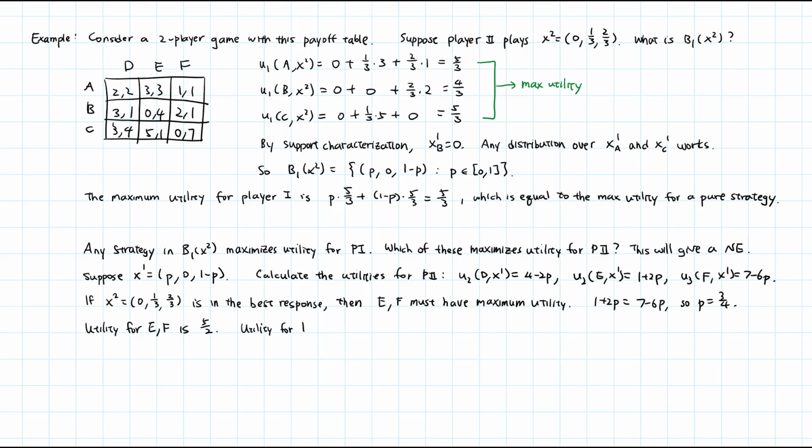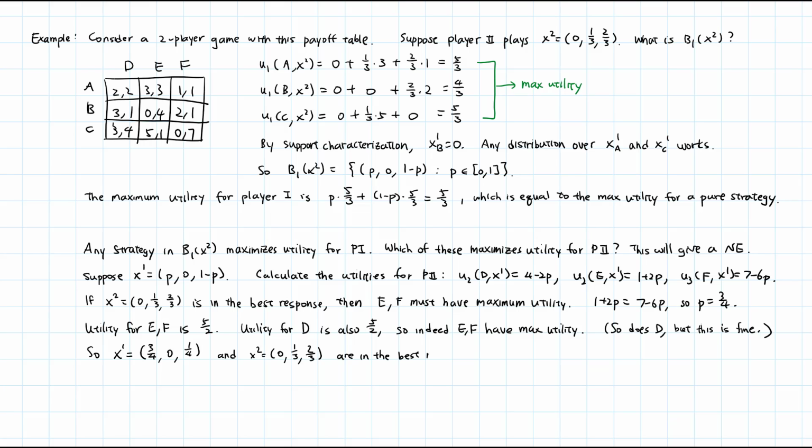The utility for D is also 5/2, so indeed E and F do have maximum utility. And so does D, but this is fine. D has probability 0, so it could be in the maximum or not. So the x1 and x2 we have are in the best responses for each other, and together they form a Nash equilibrium.